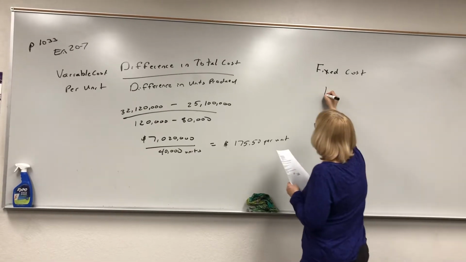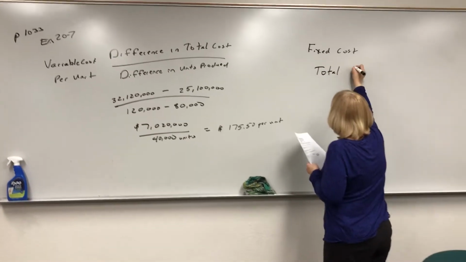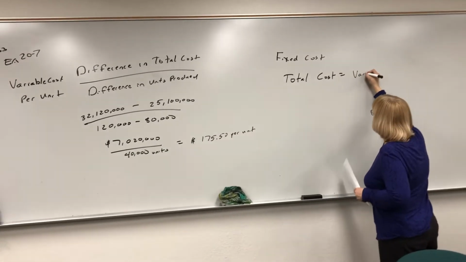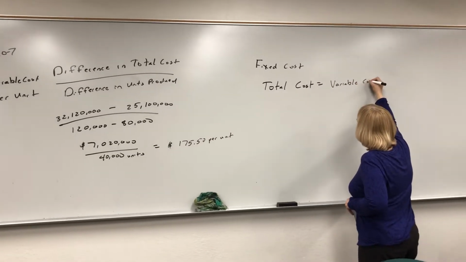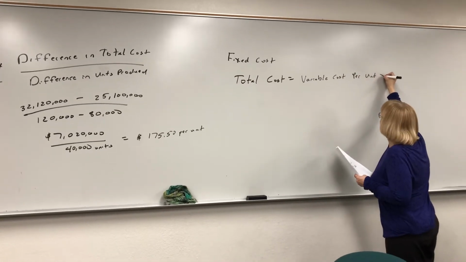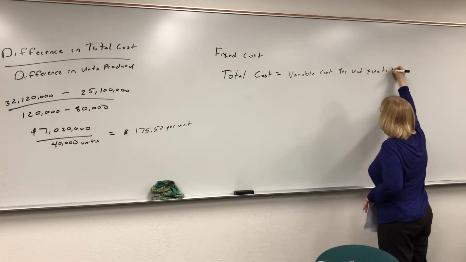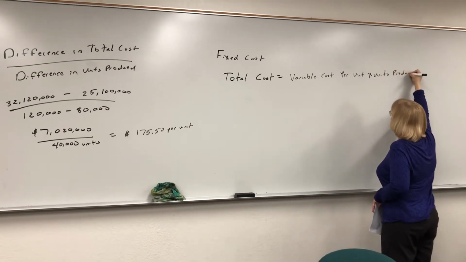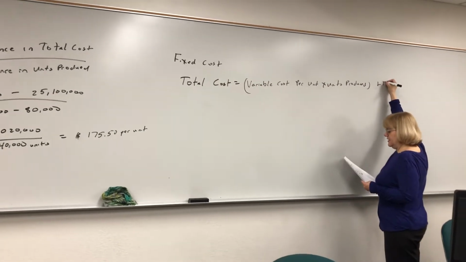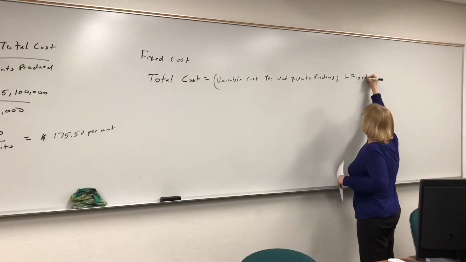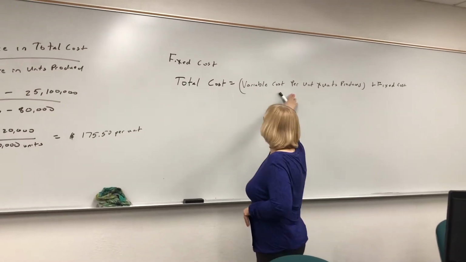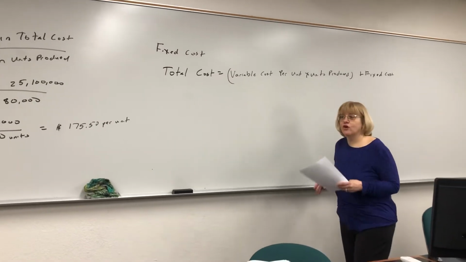Remember, your total cost is going to equal variable cost per unit times units produced plus fixed cost. So we know our total cost. We now have the information to get this portion, and then we can solve for our fixed cost.